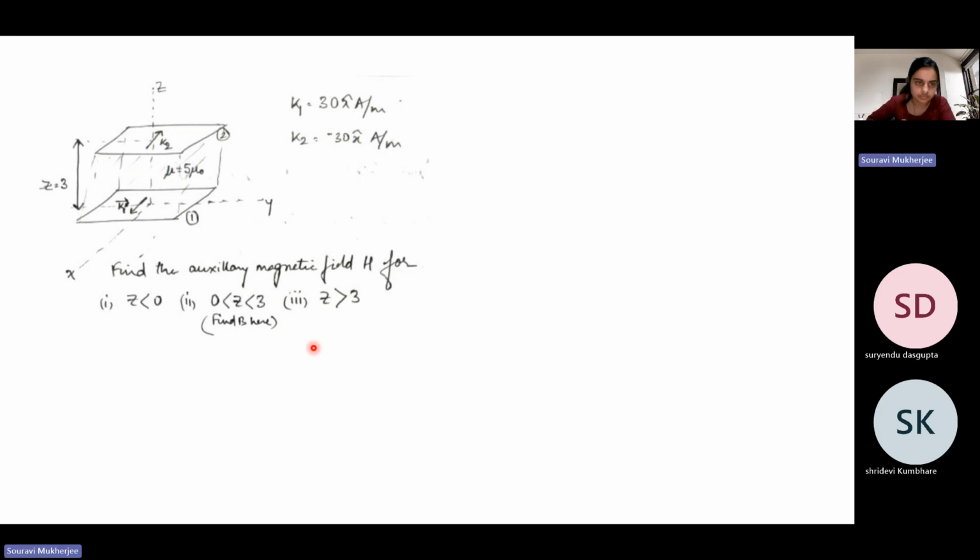What will be the field in this region? We have done 2, 3 such examples, not with numerical values, but we did discuss something similar. If you get stuck somewhere, you can ask me. For z less than 0, what will the field be? Somewhere here.